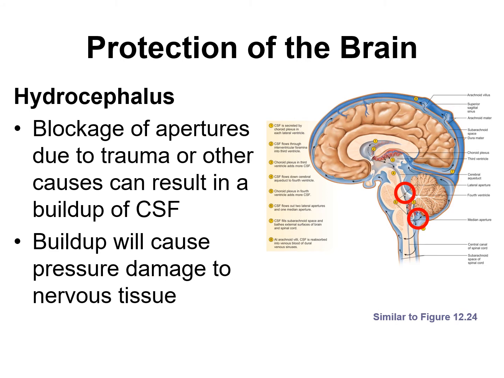The result is a buildup of cerebral spinal fluid. With an increase in the volume of cerebral spinal fluid, that increases pressure that the cerebral spinal fluid puts on the nervous tissue, and that can damage and destroy nervous tissue.